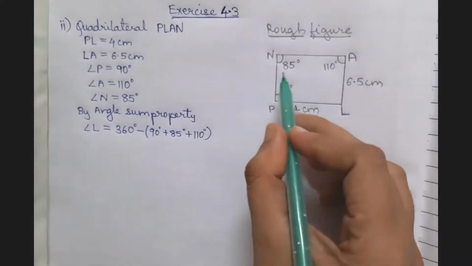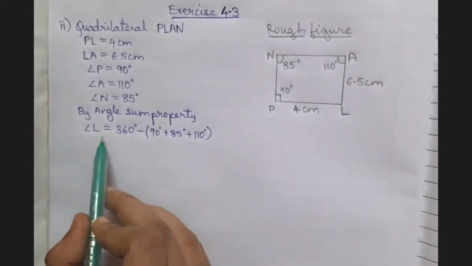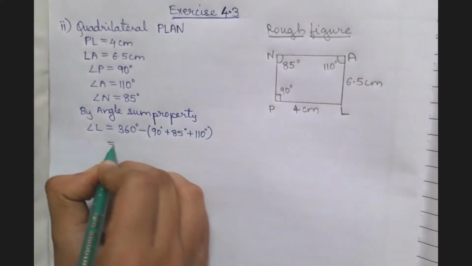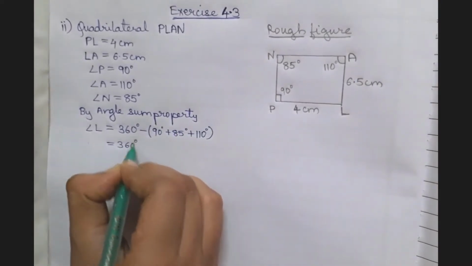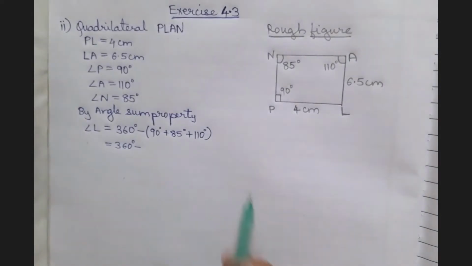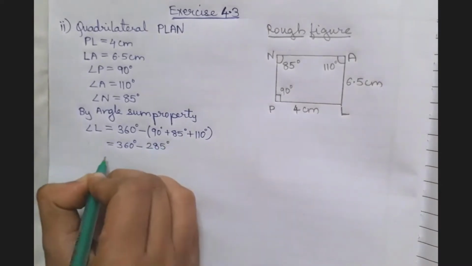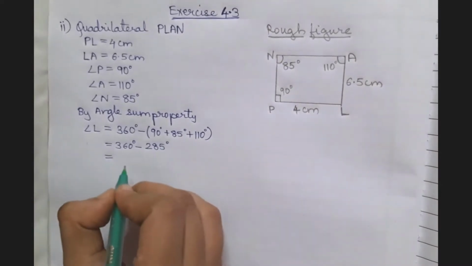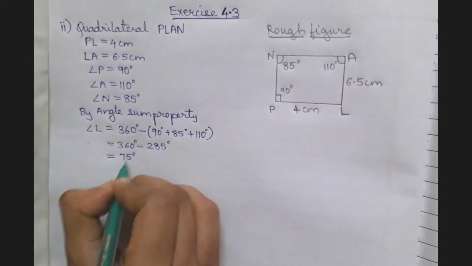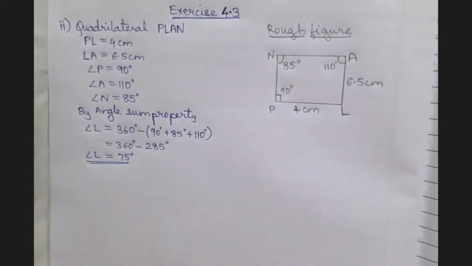The sum of the measures of all the angles of a quadrilateral is 360 degree. So angle L will be 360 minus the remaining angles. So this is 360 degree minus (90 plus 85 plus 110), which is 285 degree. Then 360 minus 285 is 75. So angle L is equal to 75 degree.